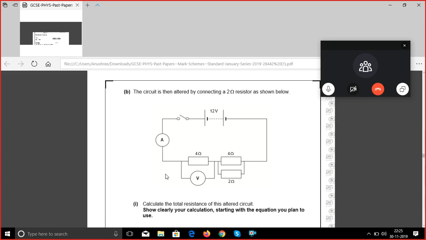No, 4 ohm and 2 ohm are in parallel. So you have to add them in parallel equivalent resistance.